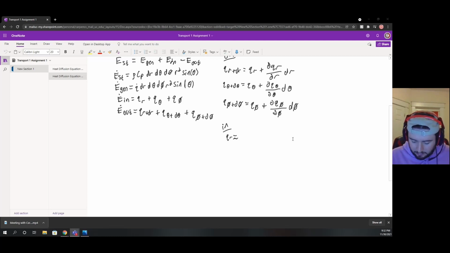So we have area times our heat flux for r is equal to, our area was dr d theta d phi times r squared sine theta.